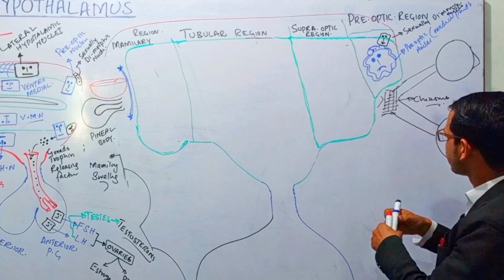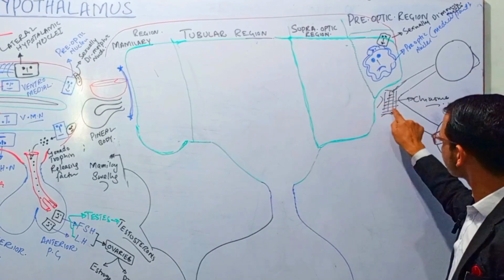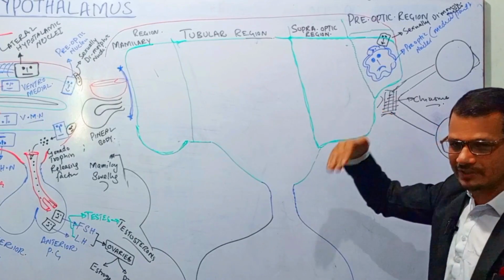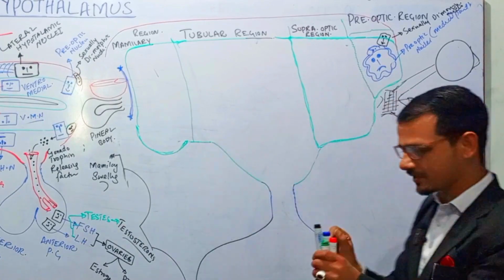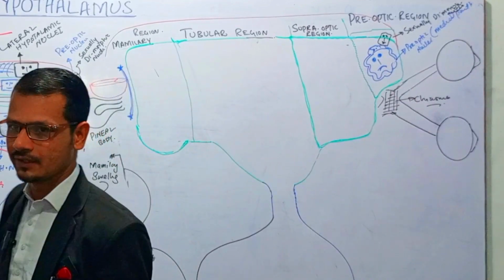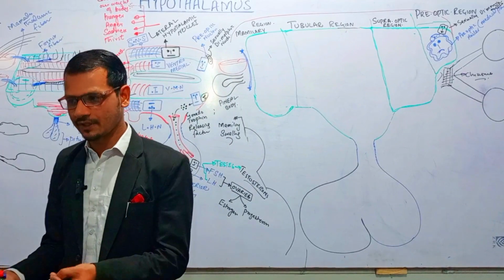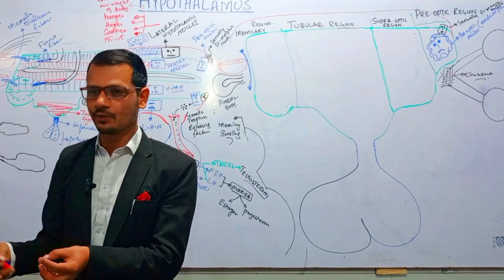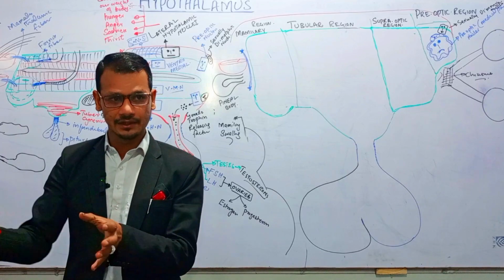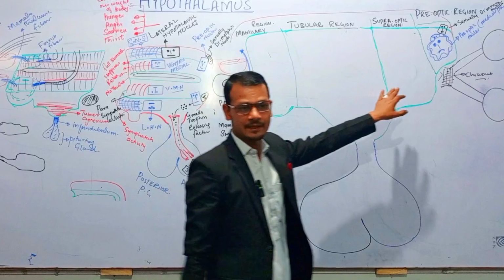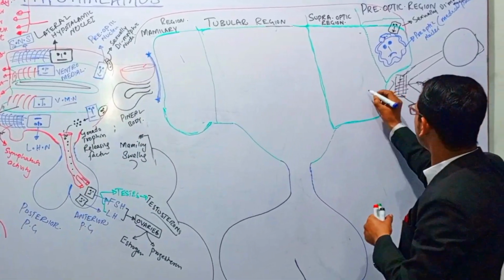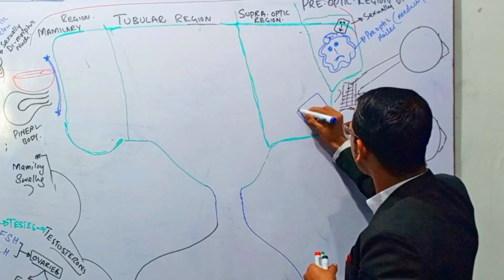The first nucleus present here is the suprachiasmatic nucleus, because it is present upon the chiasma, and it controls day and night. For example, how are we aware that this is night, this is day, this is spring season, this is autumn season, this is winter season? All these calculations are done by this nucleus, right? And this nucleus is called, for example, this is that nucleus.